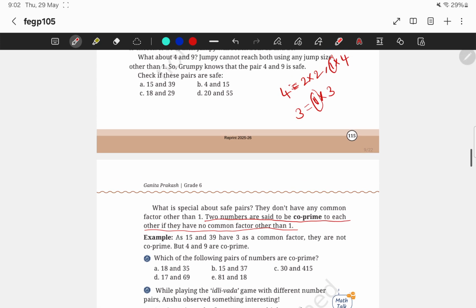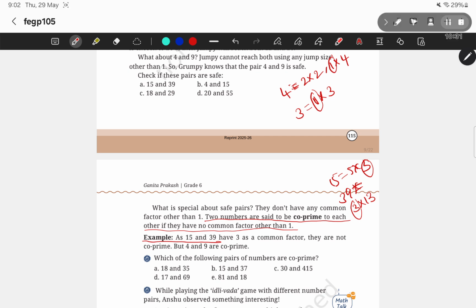Look at the 15 and 39 example they have mentioned. For 15, 5 3s are 15, and for 39, 13 3s are 39. So here you can observe 3 as a common factor other than 1. The common factor for 15 and 39 is 3. So 15 and 39 are non-co-prime numbers because the common factor is 3.